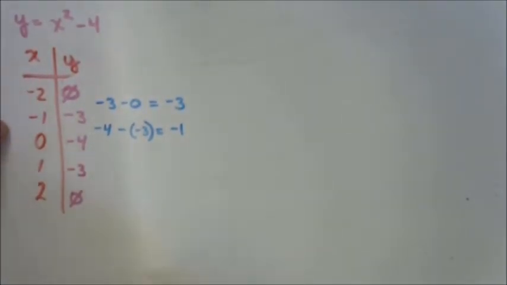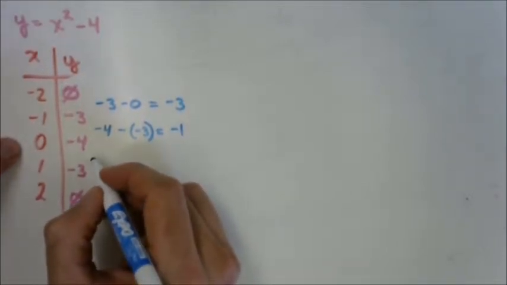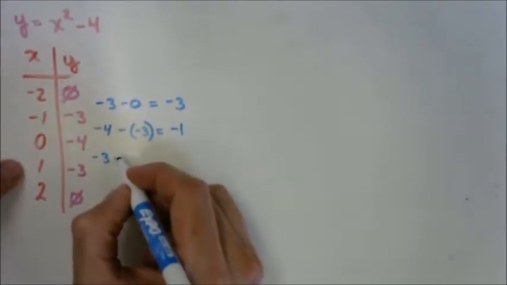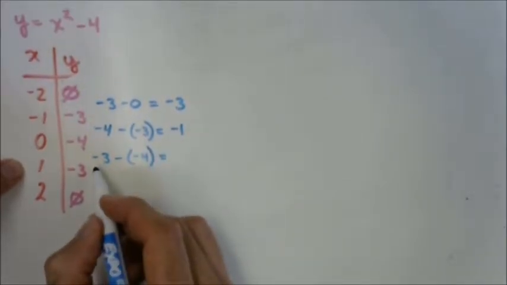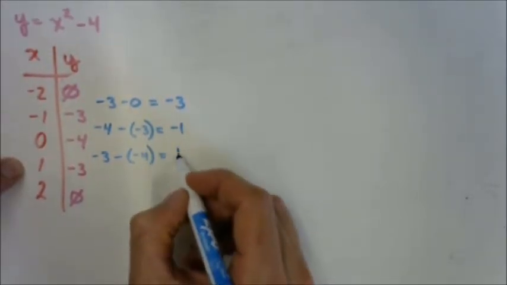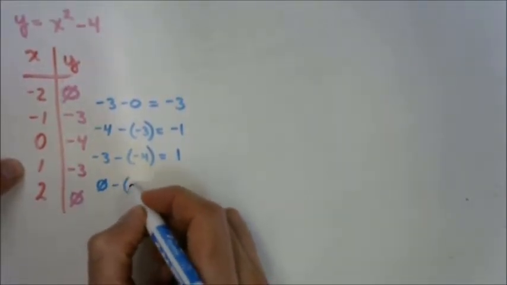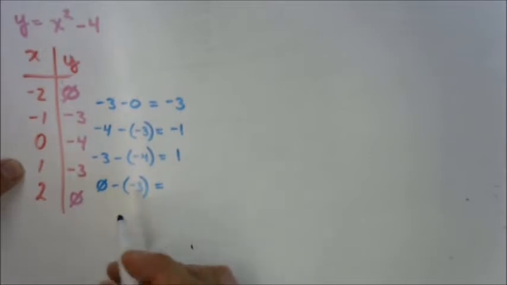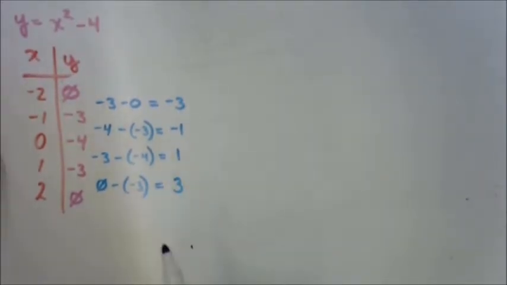Oh, we're noticing that the first differences are not constant in the case of a quadratic. Then we have -3 minus -4. That's the same as -3 plus 4, which is 1. Then we have 0 minus -3. That's the same as 0 plus 3, which is just positive 3.